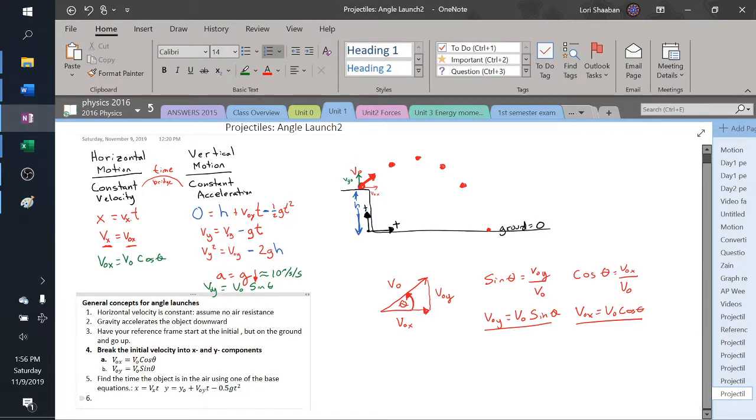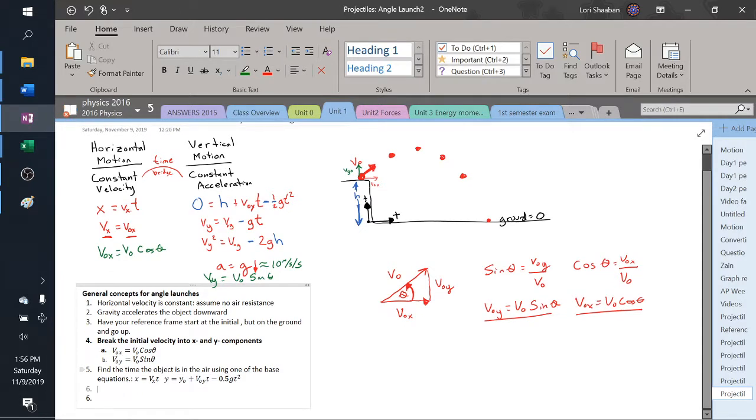Okay, so if the projectile has a vertical displacement of 0, it's easier. Okay, so y minus y naught is going to be equal to 0.